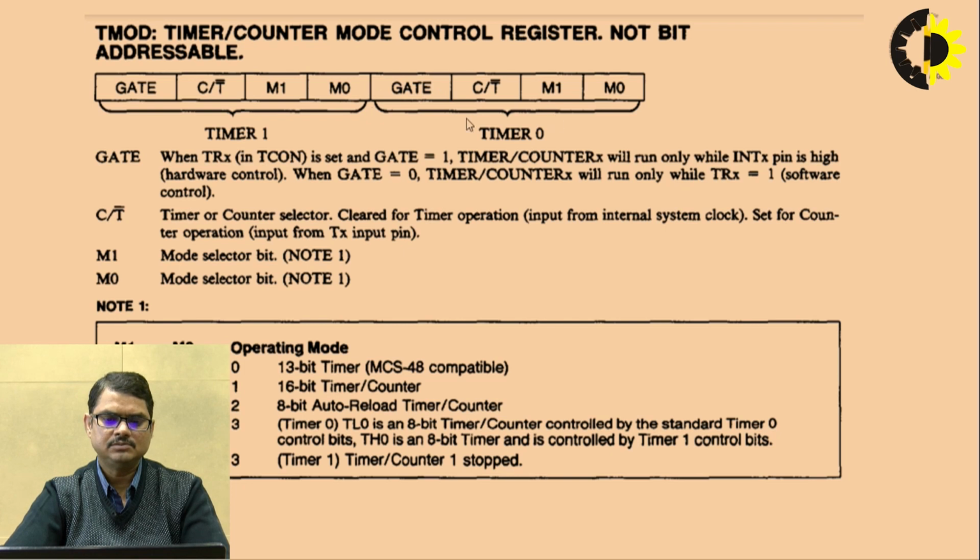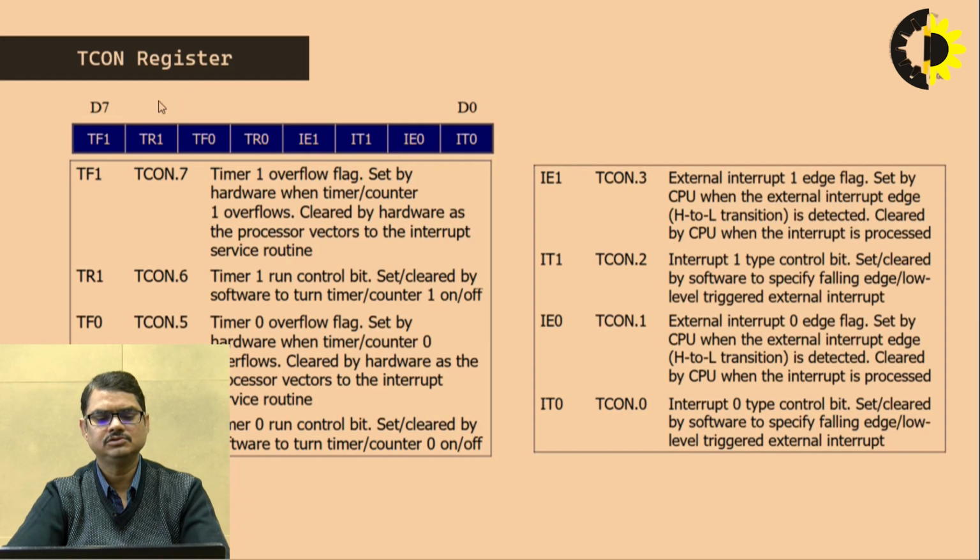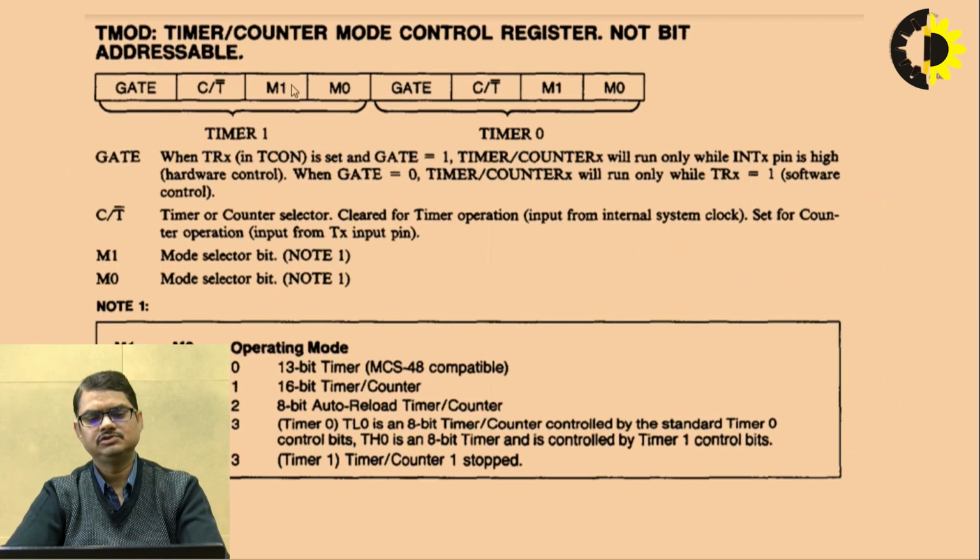We are working with timer 0. So, here all the upper bits should be 0, and the gate bit should be 0 because we are going to control our timer with software control, with the help of instructions or the TR0 bit. This is a timer device, so this should also become 0, and we are selecting mode 1, that means 0 and 1 should be here. So, the total number becomes 00000001.